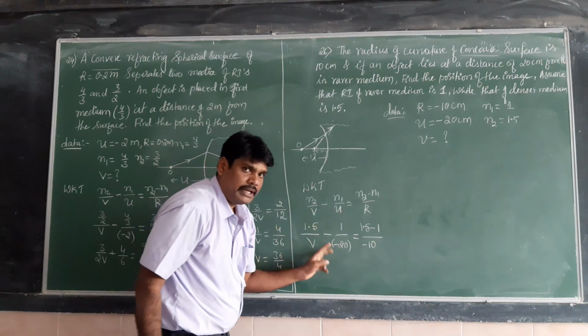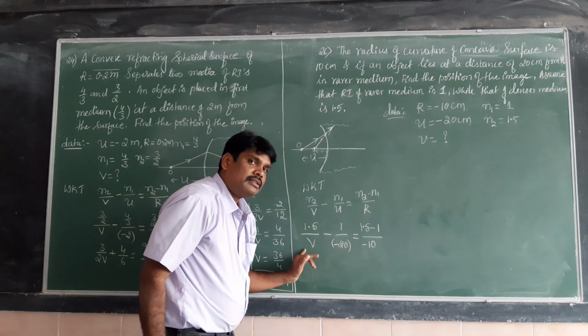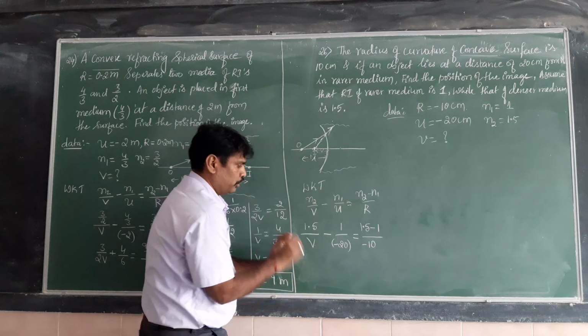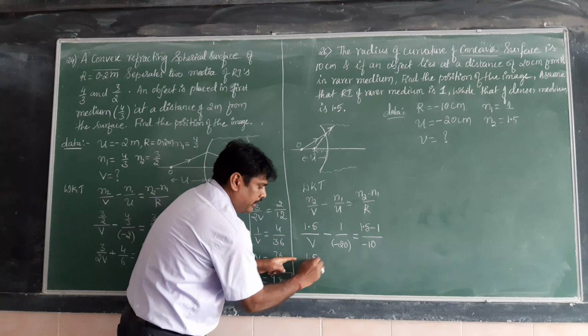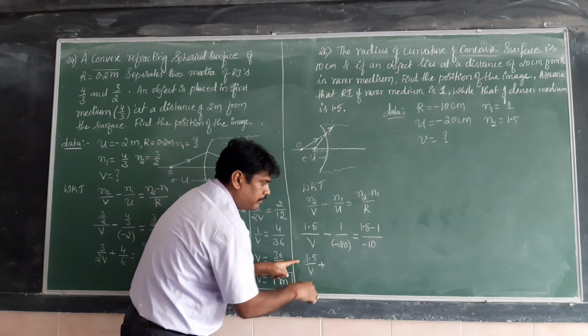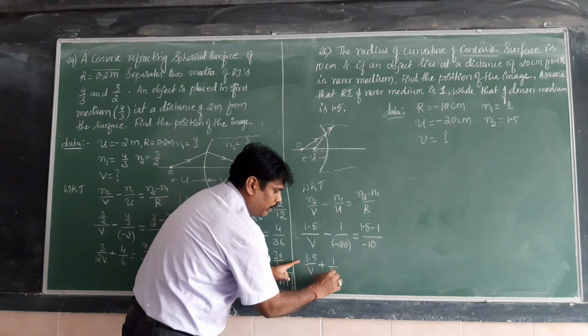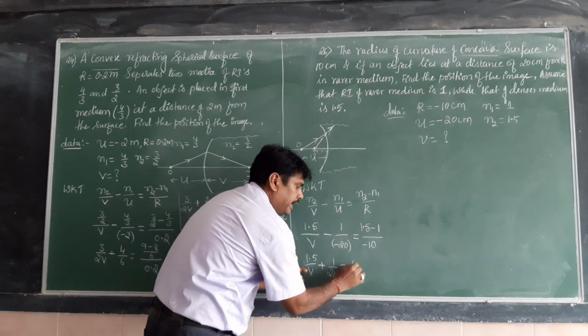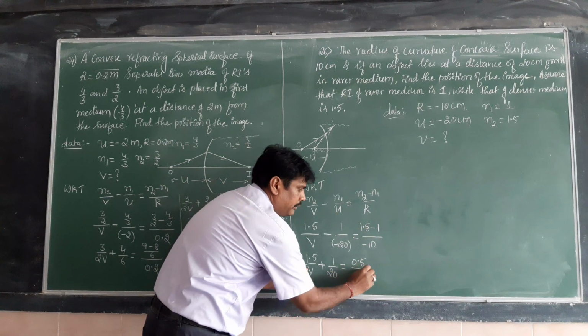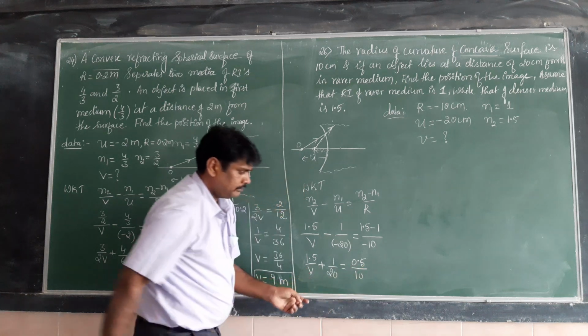I am substituting all the values in centimeter, so the image distance is also obtained in centimeter. Now minus of minus is plus: 1.5 divided by v plus 1 divided by 20 is equal to 1.5 minus 1, that is 0.5, divided by minus 10.